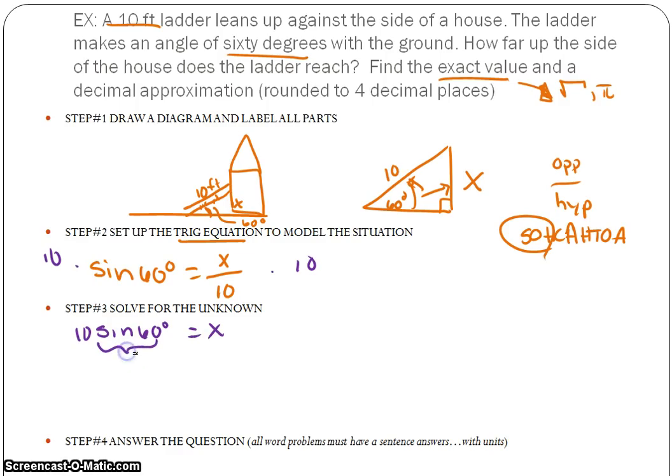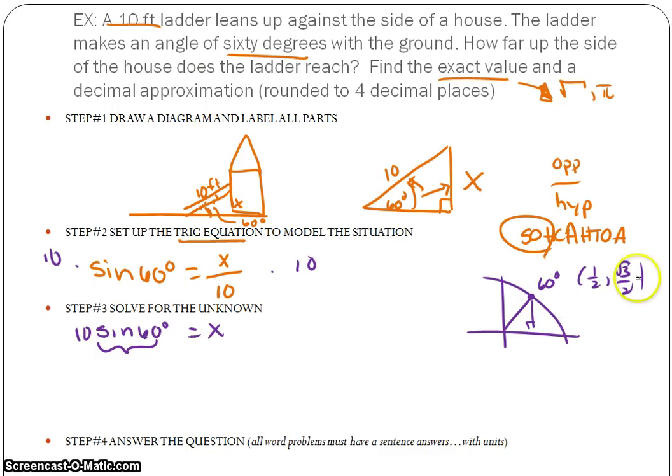I know what sine of 60 degrees is. You can either draw a special triangle. We have the 30, 60, 90 triangle. You know the ratio of the sides are 1, root 3, and 2. We can also use the unit circle. If I draw a quick quadrant 1 unit circle here at the 60 degree angle, I know I went over 1/2 and up root 3 over 2.